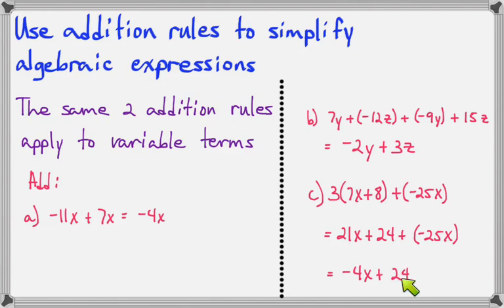Now, since this is a non-variable term, what we call a constant term, and this is a variable term, we cannot combine these. And so our answer has two terms, and there's nothing wrong with that. So whenever your problem contains variables and all you're doing is simplifying, your answer will still contain variables. There's no way to figure out what x equals or to get rid of the x here.